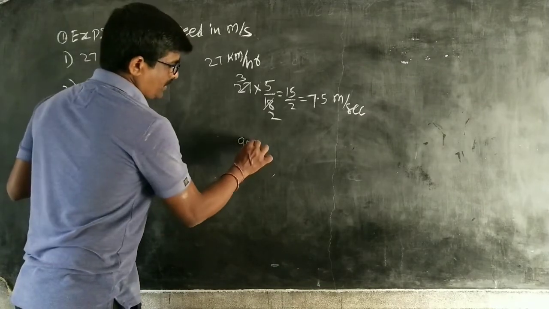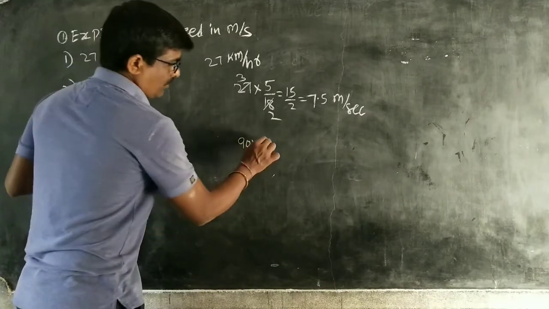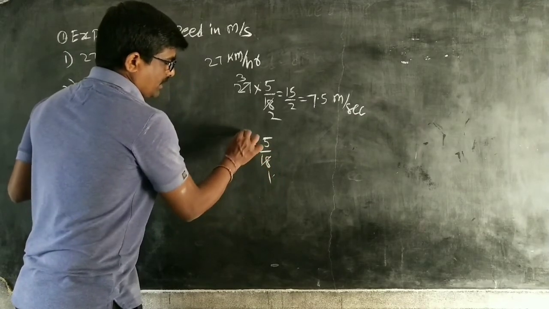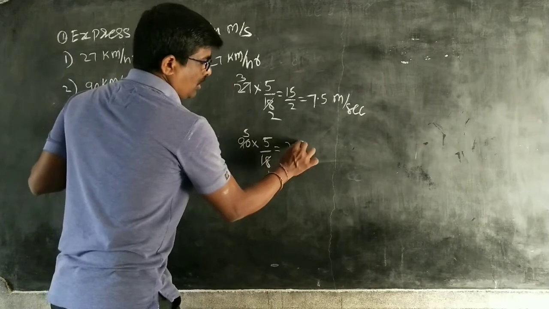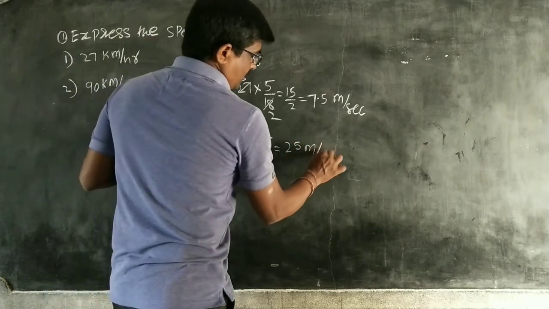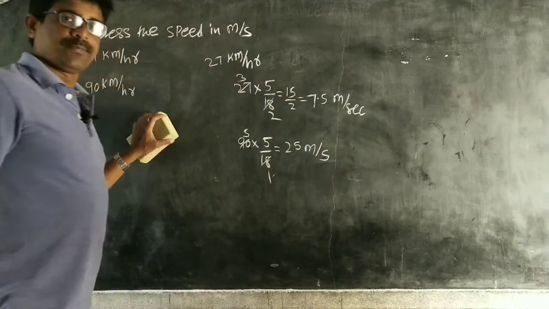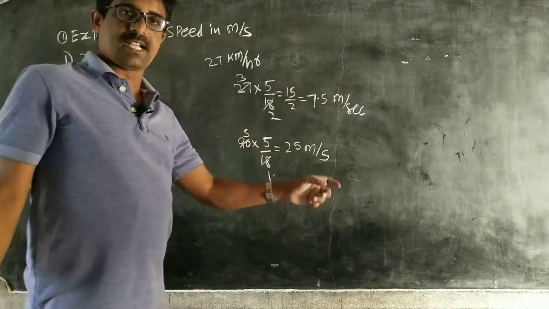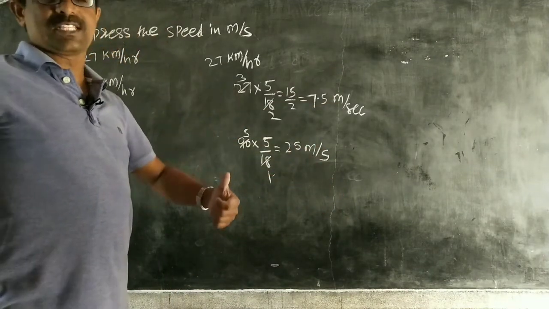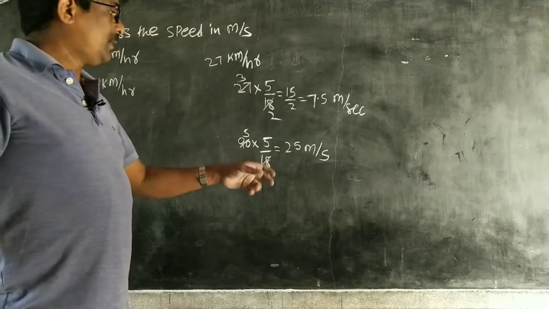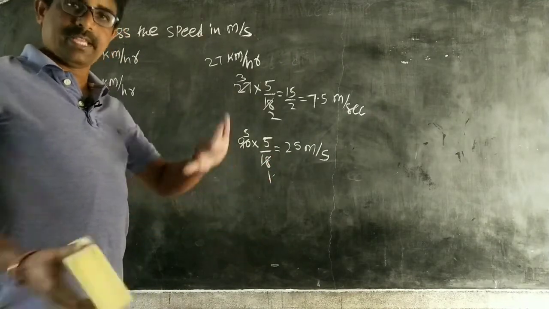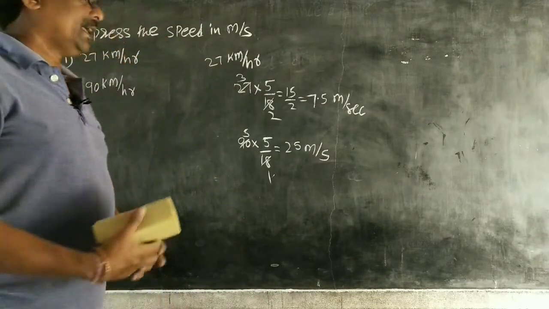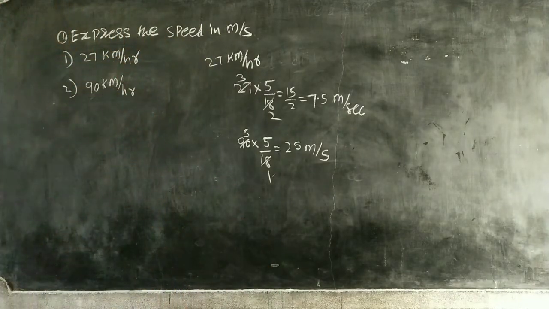I am changing to meters per second. 5 by 18. 18 1s are 18, 18 5s are 90, that is equal to 25 meters per second. Okay. Similarly, if it is given in meters per second, you have to change into kilometers per hour. You have to multiply with 18 by 5. Simple reverse only. Okay. Next.